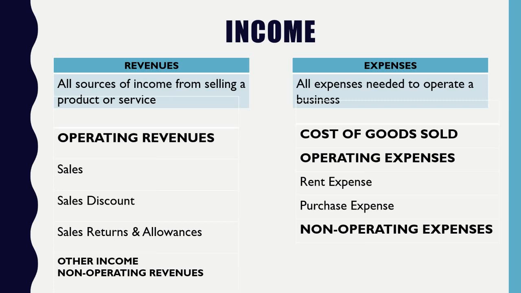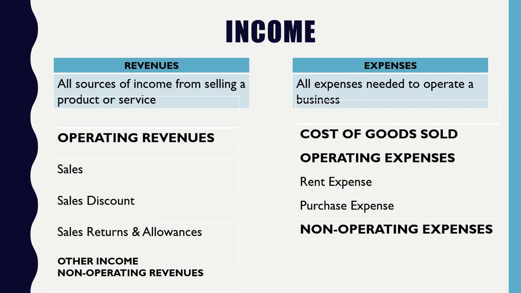So whether you refer to it as income or revenue, in this aspect we're looking at net income. We're looking at making a profit, and that's going to be your temporary accounts, which are your revenues and your expenses.